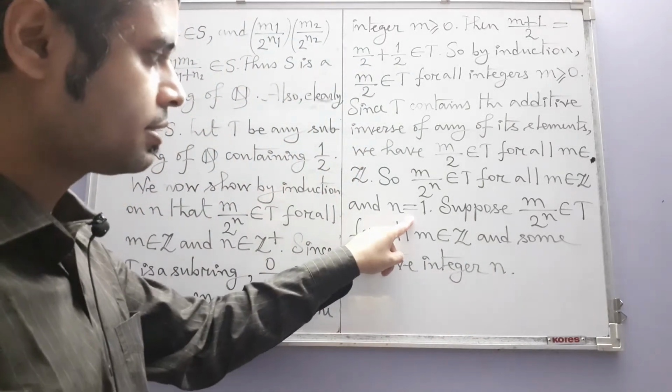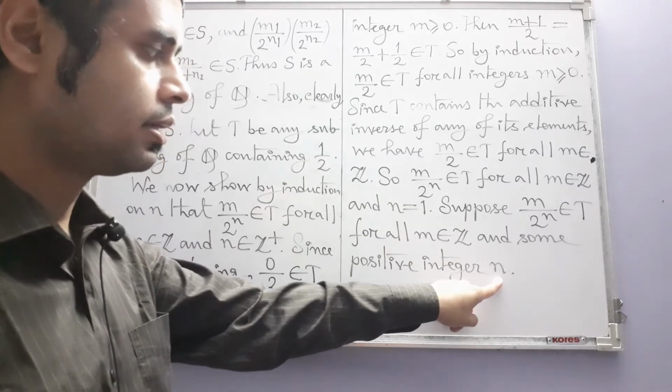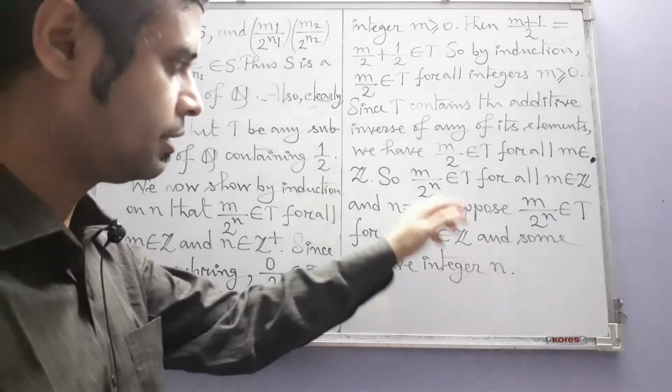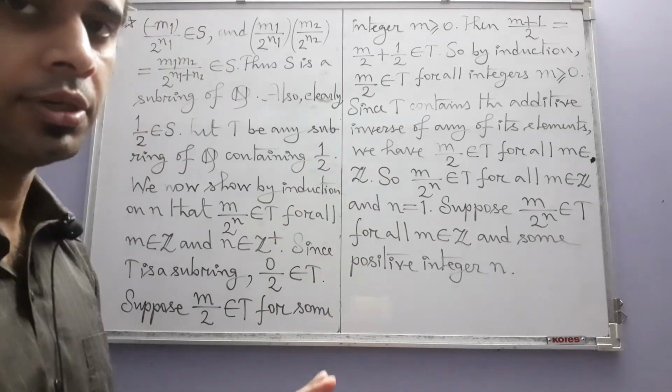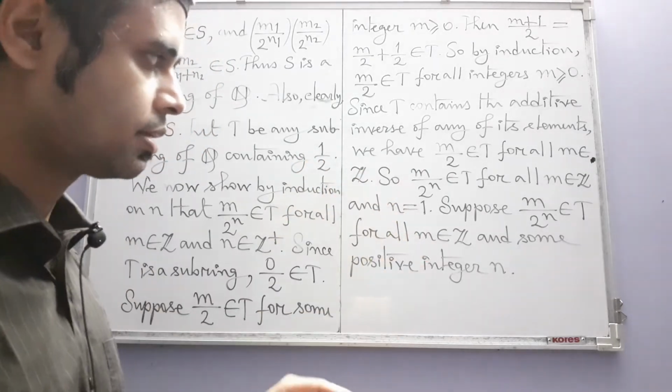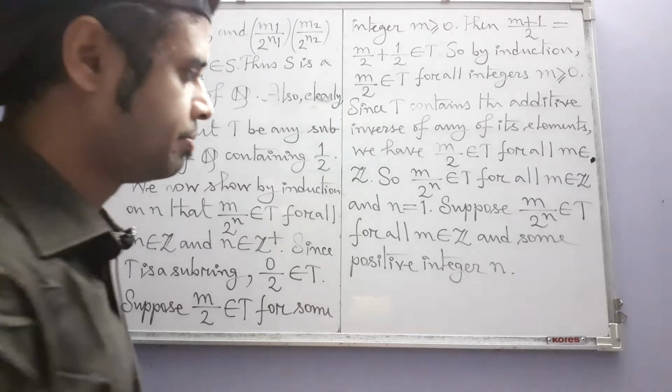We have seen the case n equal to 1. Now we are taking a general positive integer n, but in all these things, for all m that is included. So that is a part of the induction hypothesis as well.